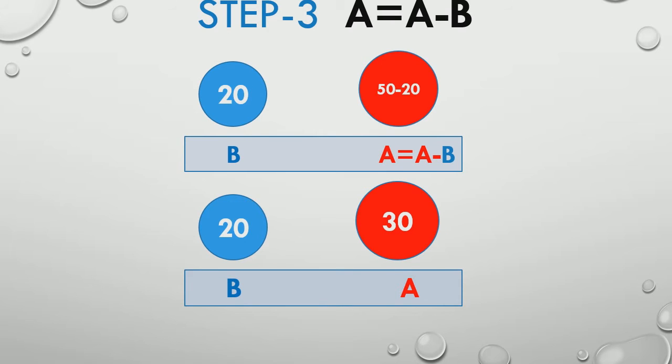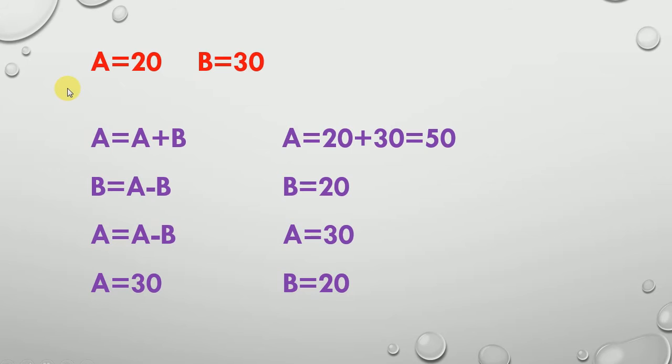Here I am summarizing these three steps. Suppose we have to interchange or swap 20 and 30. A contains 20 and b contains 30. So the first step was a is equal to a plus b, means a is equal to 20 plus 30, which will be 50. And second step was b is equal to a minus b. A was 50 in the last step and b was 30, so 50 minus 30 is equal to b.